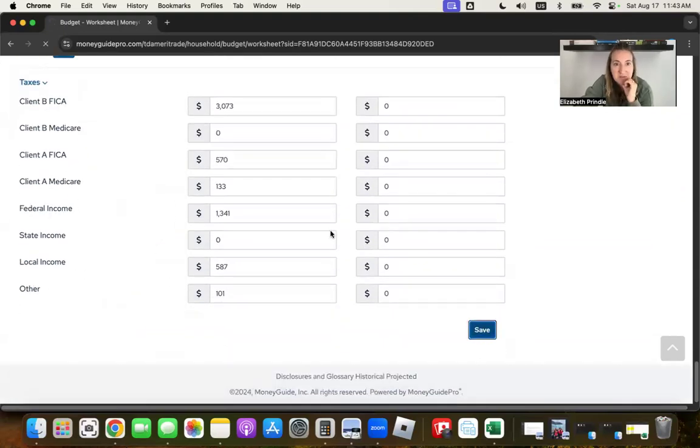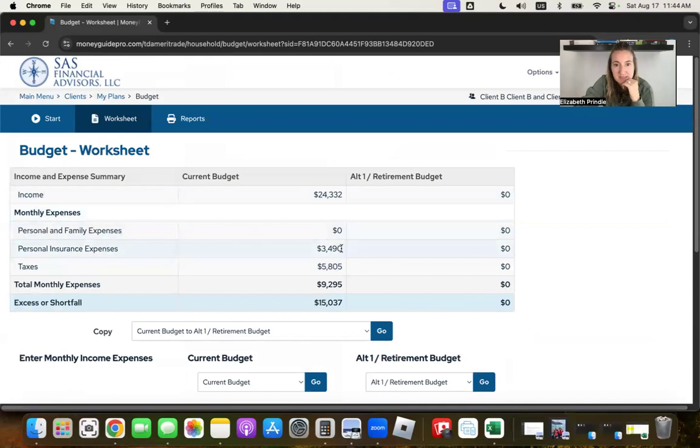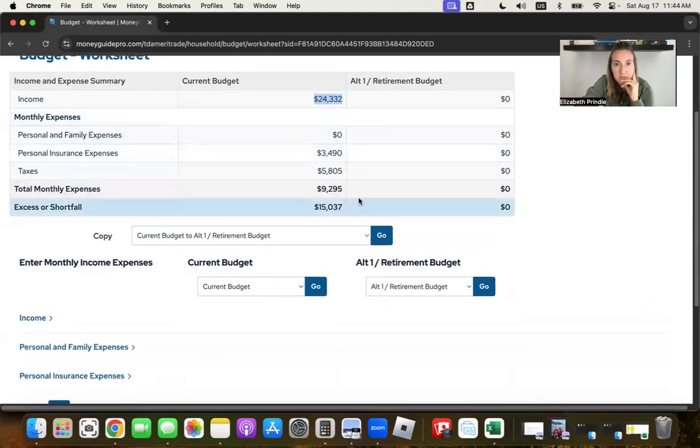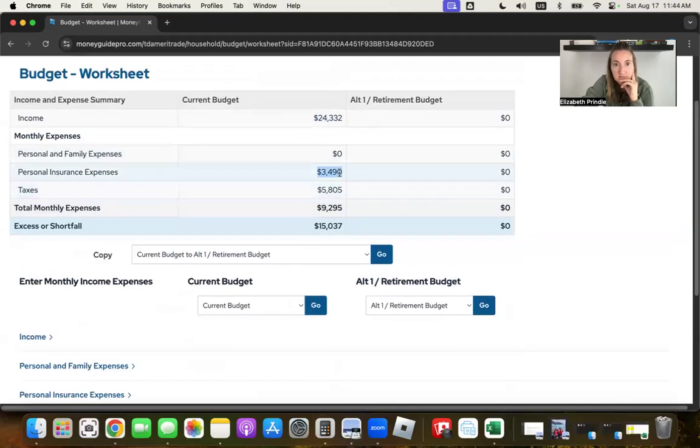So what does this tell me, right? We've put some estimates in place. We said there's going to be some bonuses. We'll confirm and shore up what those are. There's some insurance stuff that we'll confirm, and taxes we'll confirm. So this household brings in $24,000 a month. They have less than $10,000 a month left to spend on themselves. That's why it's not enough to just see your net paycheck amount.